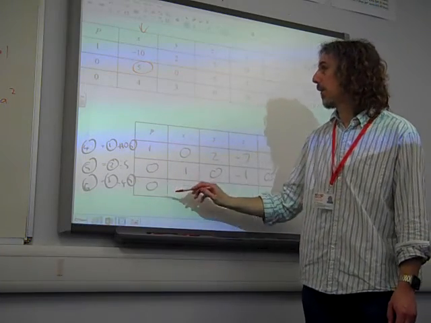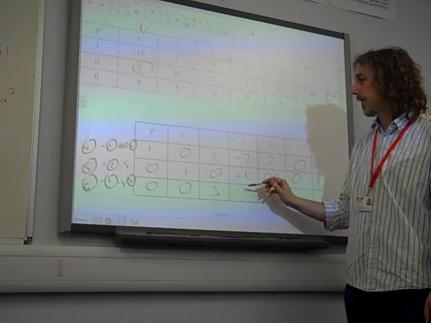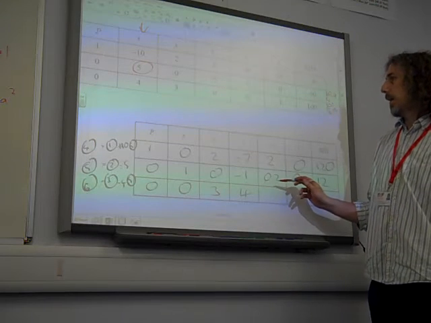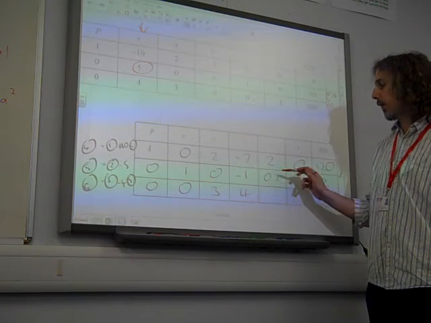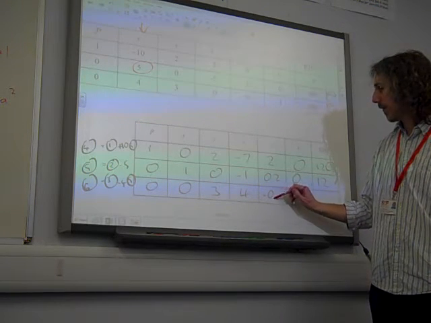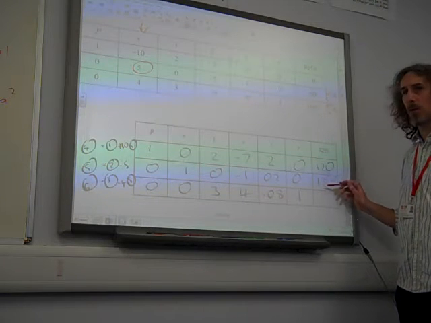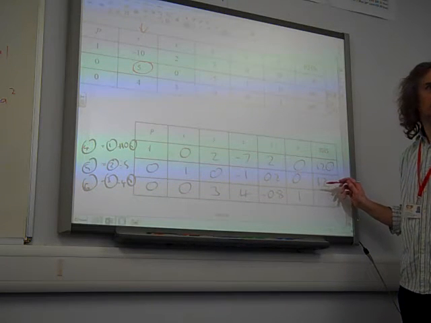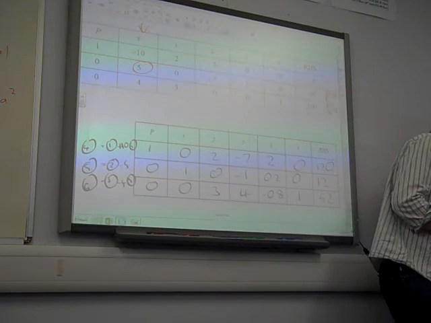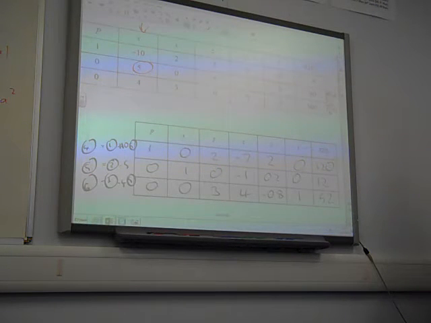So that's going to be 0, 0, 3, take away 4 times 0 is still 3. 0, take away 4 times minus 1, that's plus 4. 0, take away 4 times 0.2, that's minus 0.8. 1, take away 4 times 0, and 100, take away 4 twelfths is 52. And there is my new simplex tableau for 4 marks out of that.